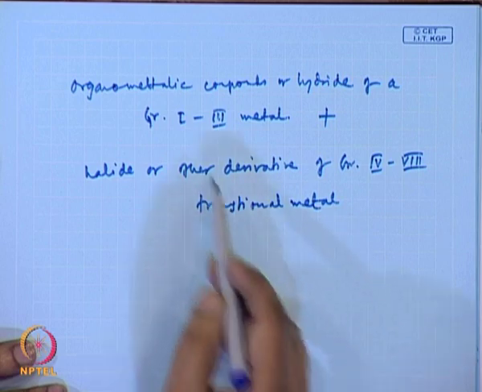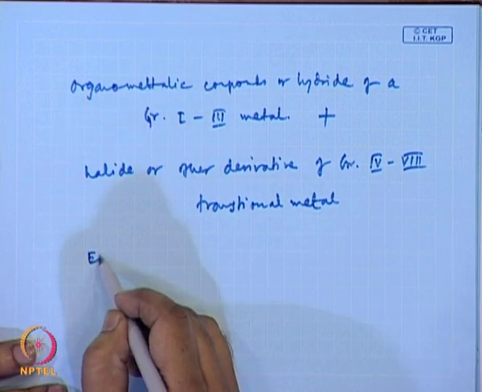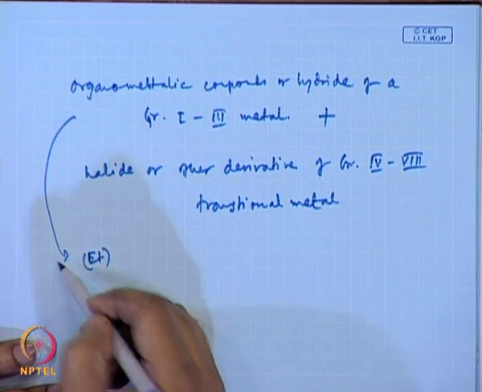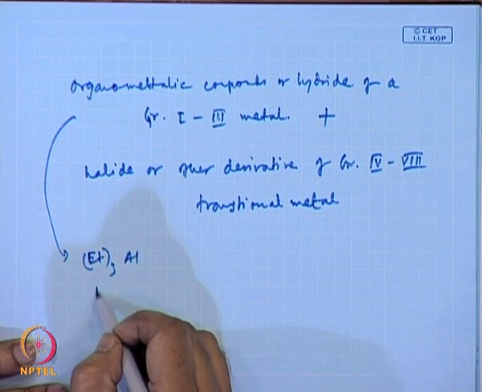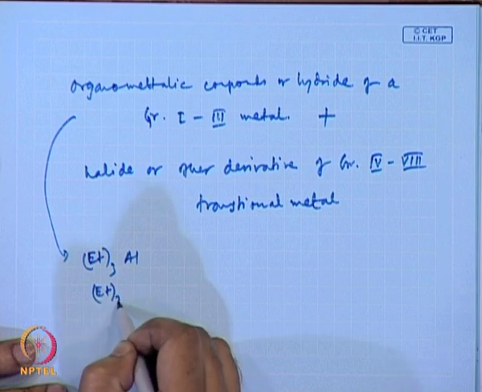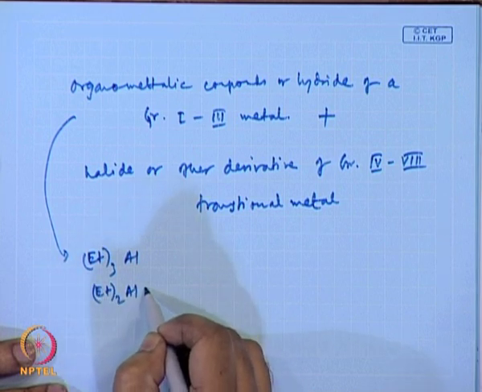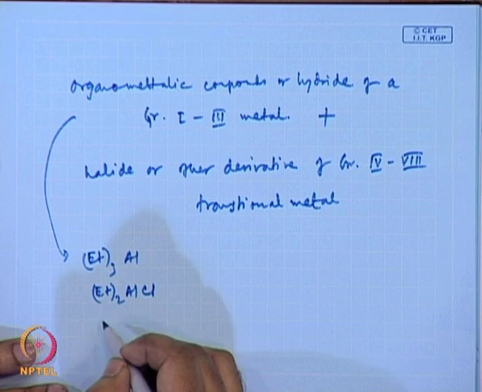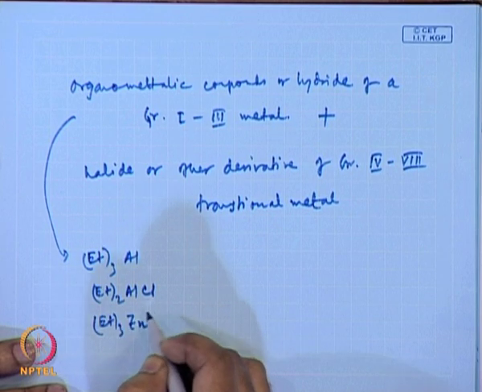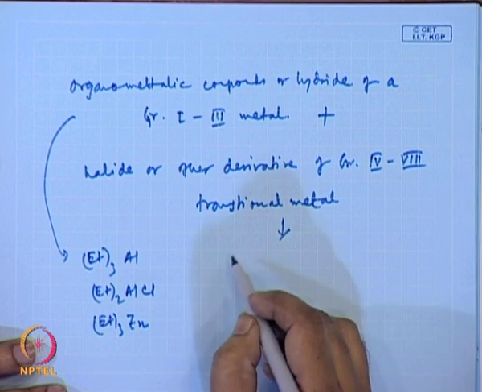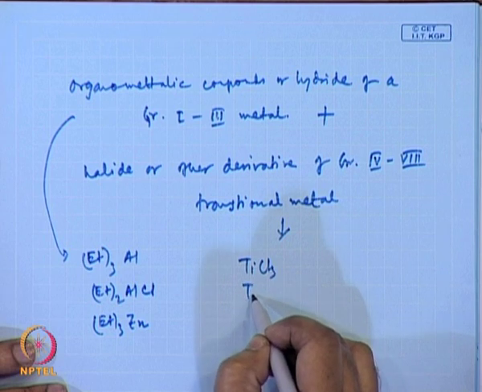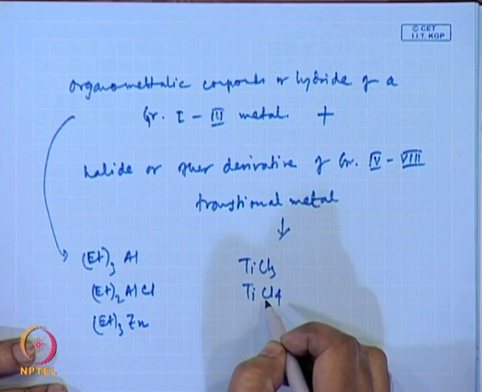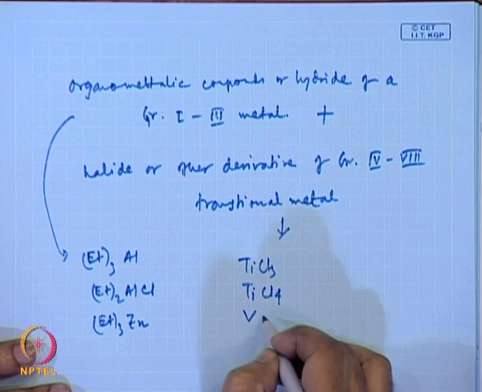For example, we can choose from this set triethyl aluminum, diethyl aluminum chloride or diethyl zinc, and from these we can mainly use titanium chloride, tetrachloride, trichloride, vanadium chloride.